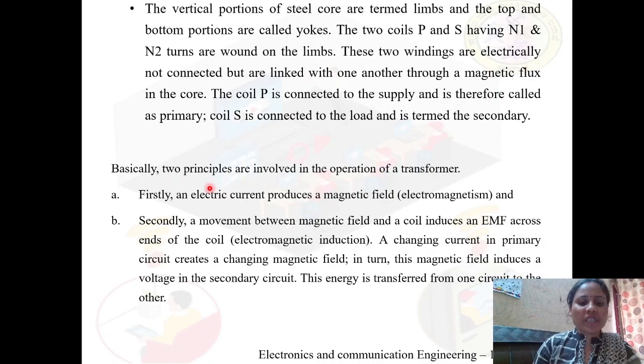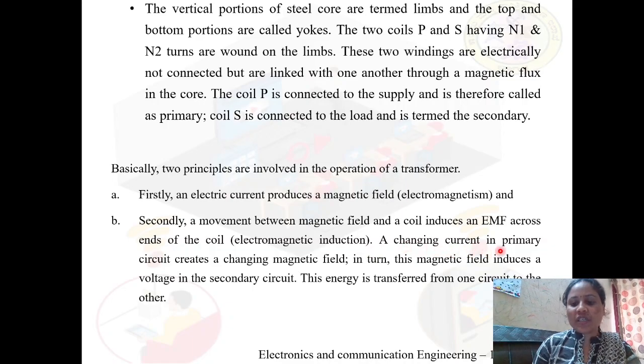Now basically two principles are involved in the operation of a transformer. Firstly, an electric current produces a magnetic field, which we call electromagnetism. Secondly, the movement between a magnetic field and a coil induces an EMF across the ends of the coil, and we call it electromagnetic induction.